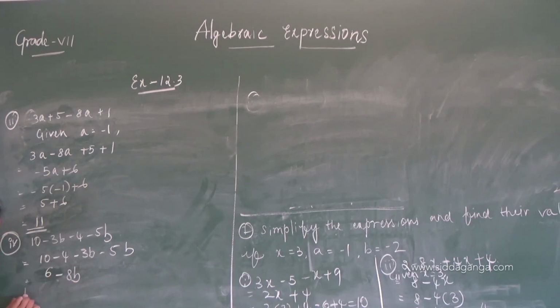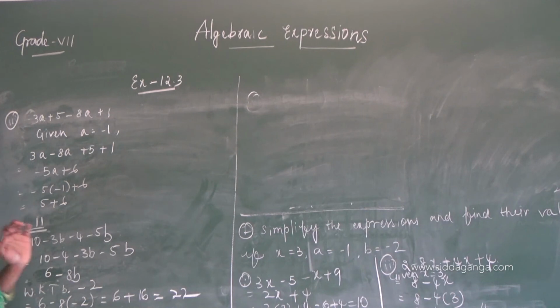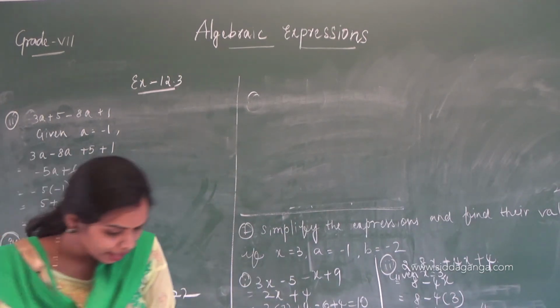We know that b equals, what is the value of b? Minus 2. Just substitute. 6 minus 8 into minus 2. 6 plus 16 equals 22.